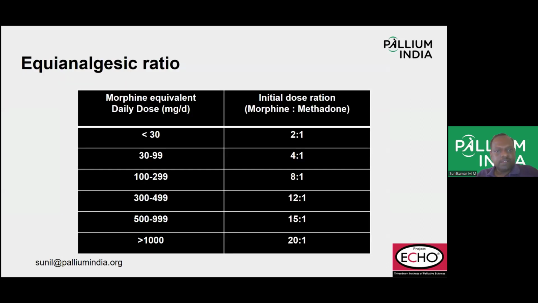So before you convert morphine to methadone, you should know the potency, isn't it? What is the potency of tramadol compared to morphine? Anybody? Potency of tramadol?